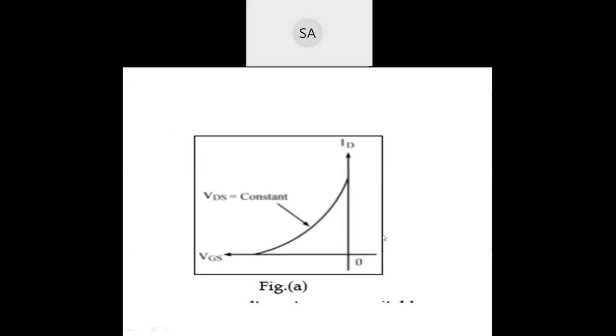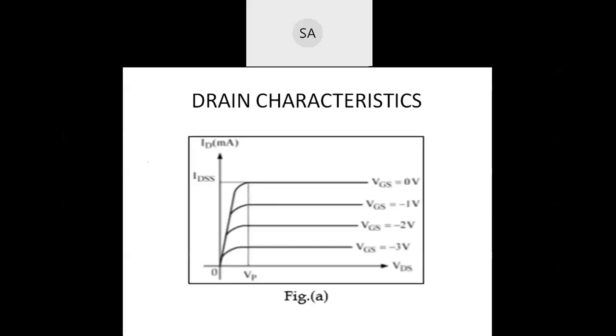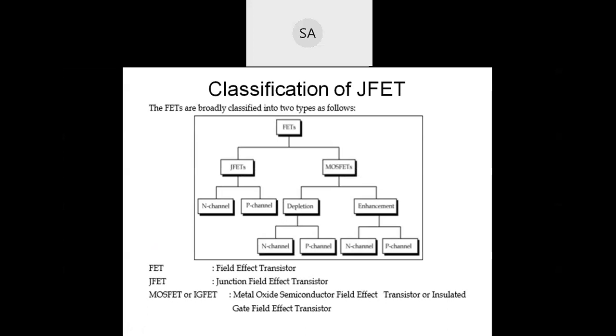Here we are keeping ID constant while VDS and VGS increase. You can show the negative characteristics in the first quadrant or in the second quadrant, but similarly the current will decrease.